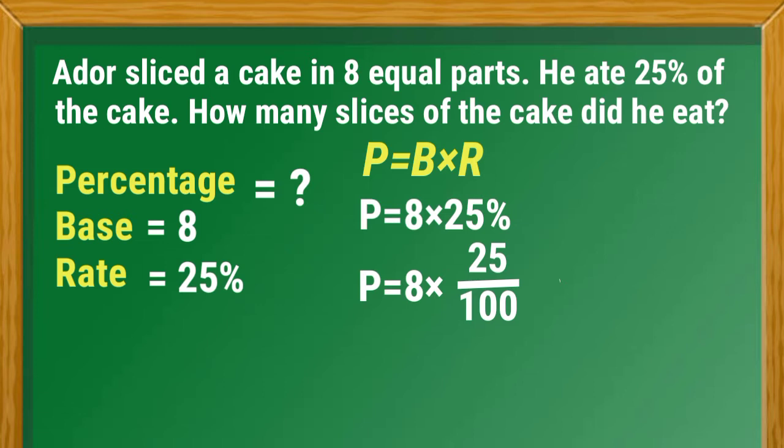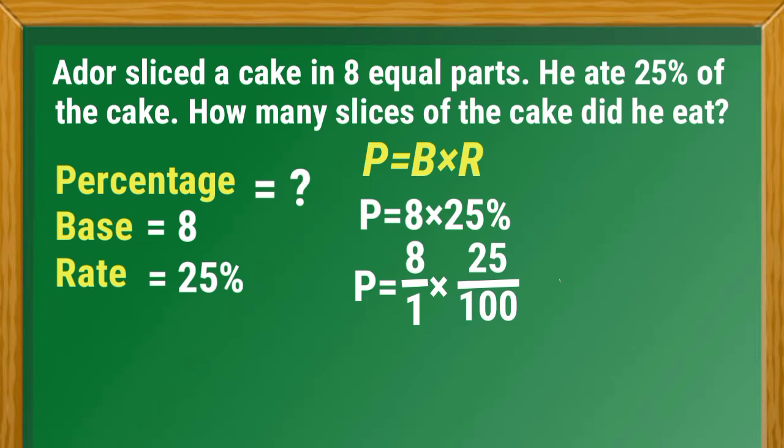Since 8 here is a whole number, we are going to put it over 1 so that all the terms will become fractions. So 8 over 1 times 25 over 100. You can use the cancellation method or just simply multiply them. We can change 25 over 100 to 1/4 if you like. But we can also multiply them directly.